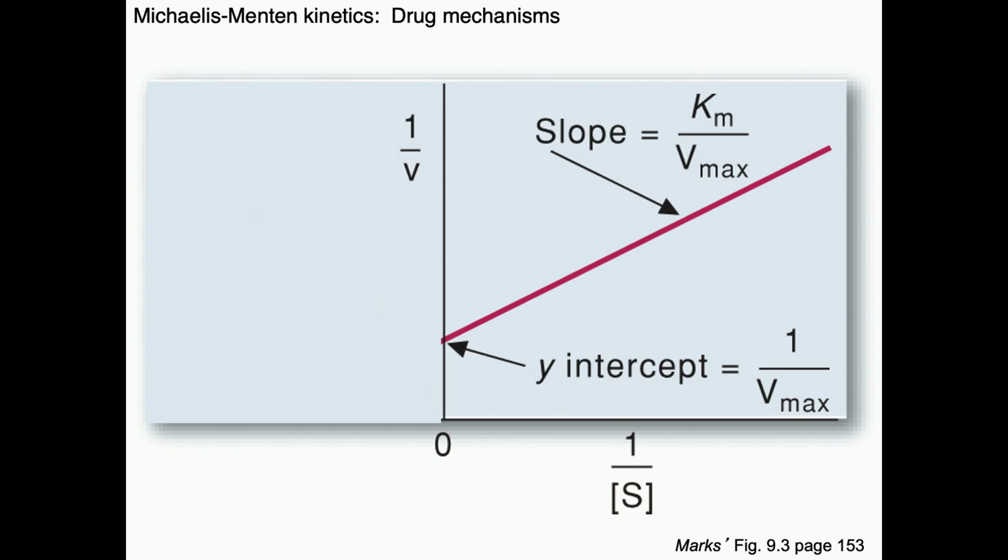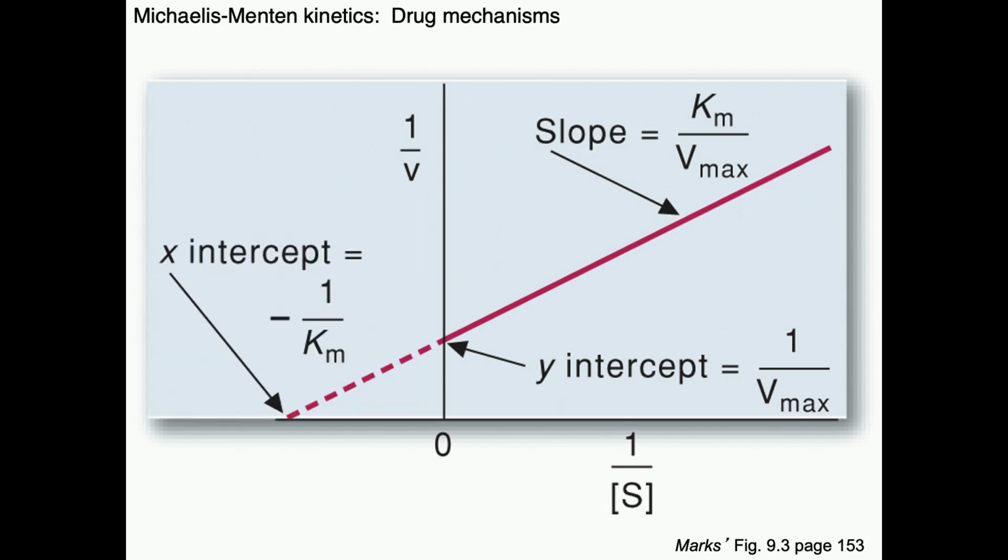Is it possible to have negative substrate concentration? That's a kind of head scratcher, right? But you can just extend the line into the negative substrate space, and the Km, or the negative 1 over Km, is where that line intersects the x-axis.